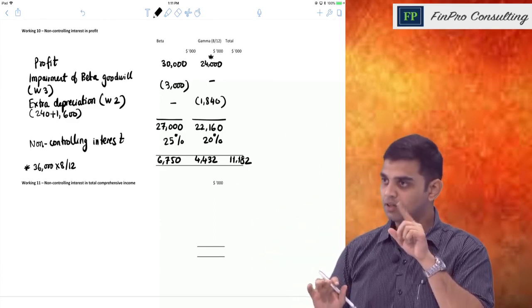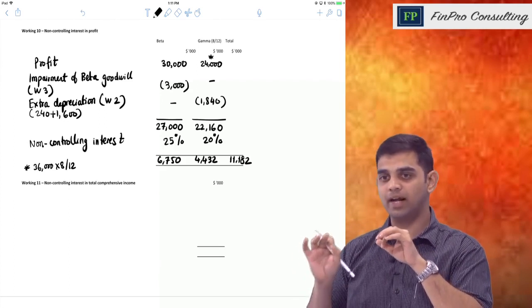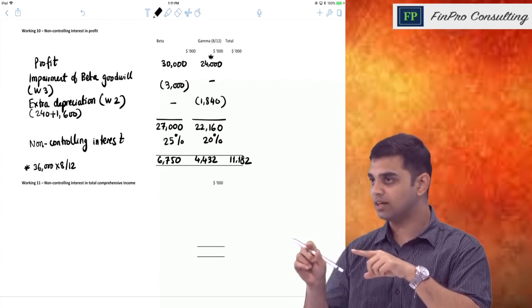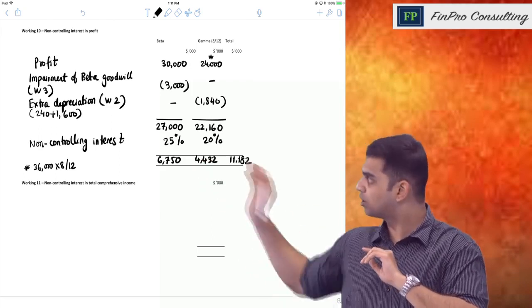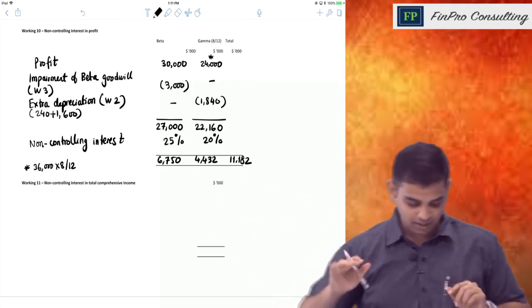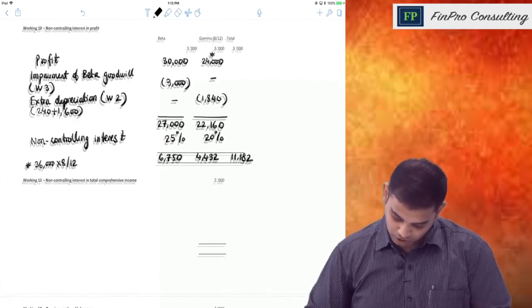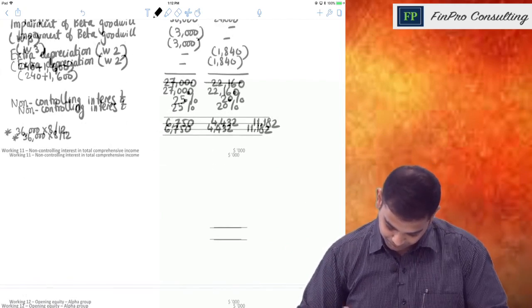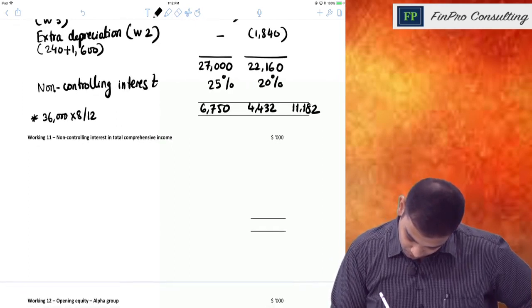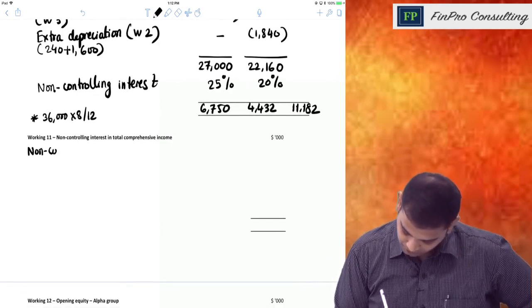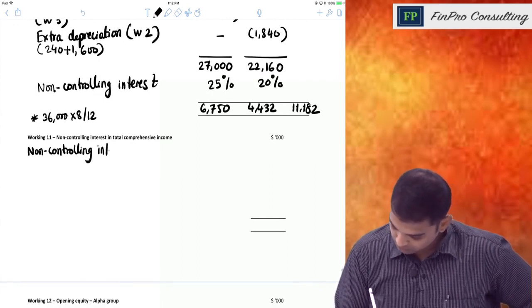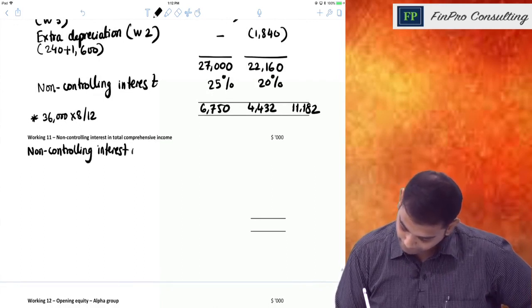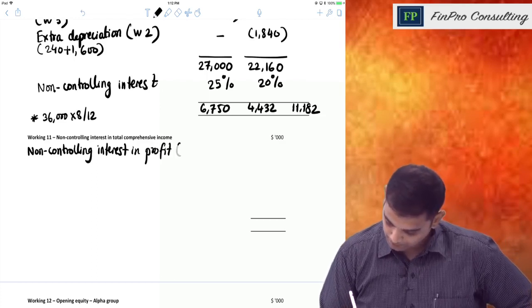Total comprehensive income is an addition of P&L and OCI, out of which P&L we have already computed from working note number 10. So just write directly non-controlling interest in profit coming from working note 10.